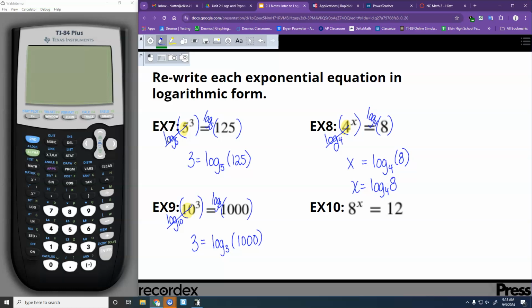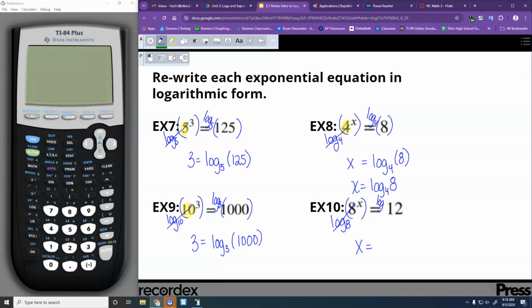All right. Jasper, what's our base for number 10? Okay, it's 8. So what have I got to do to get rid of that 8? Yep. A log with a base of 8 on this side. That's going to cancel my 8. What's left on that left side? Just the x. All right, and what do I have to do to the other side?